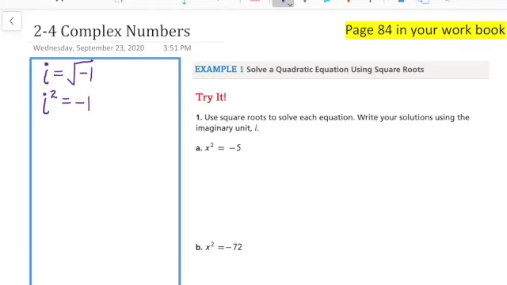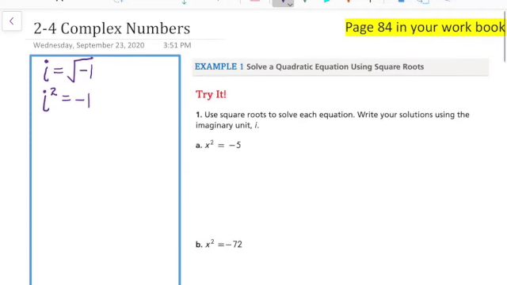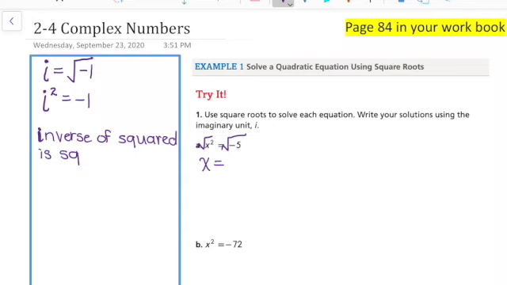So how would I use that to solve this example on page 84 in your workbook? Right now I have x squared. To get this x by itself, I'm going to take the square root of both sides. So maybe you make a note over here, the inverse of squared is square root.